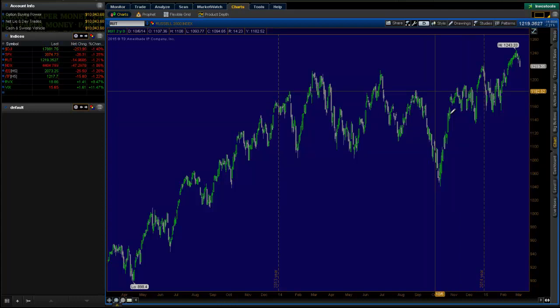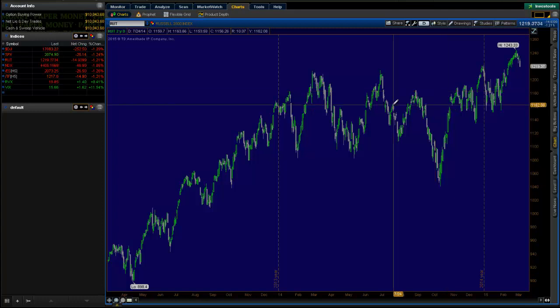You may gravitate towards one or the other. Personally, the condor and the butterfly are two trades that I trade exclusively month in, month out. And while I trade them a little similar to each other, they are managed very differently. And that's something that we'll be discussing on an ongoing basis.